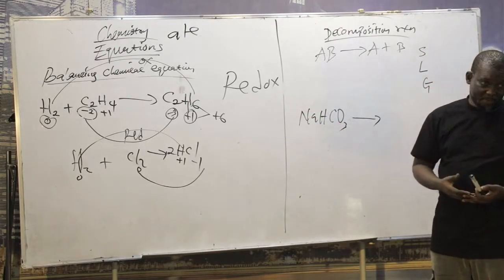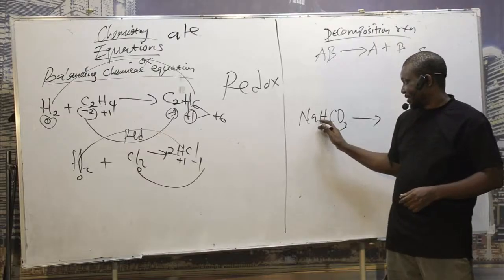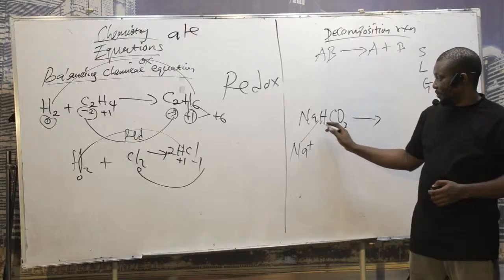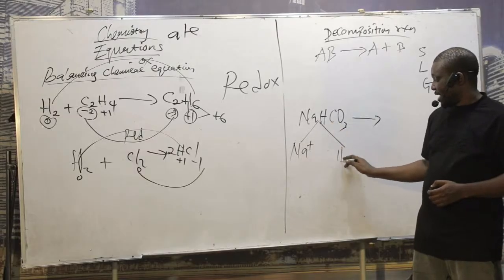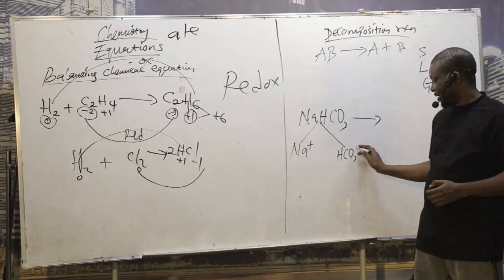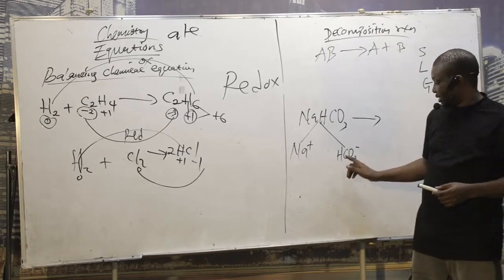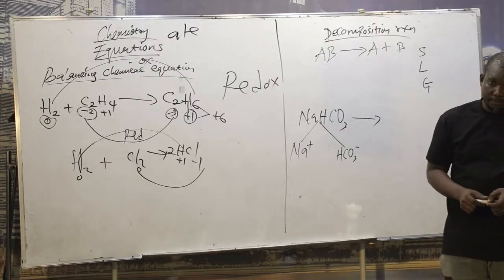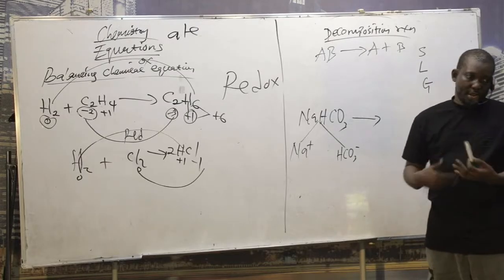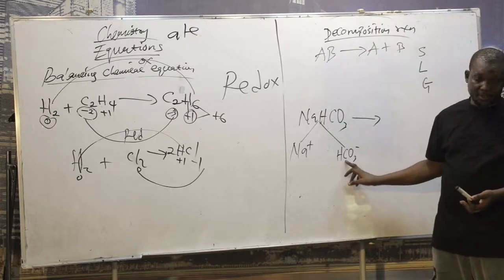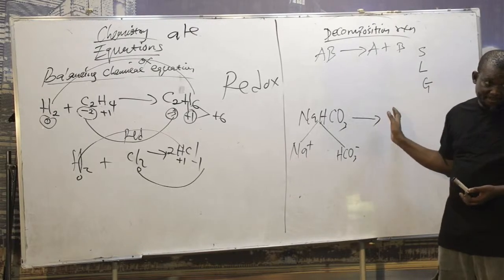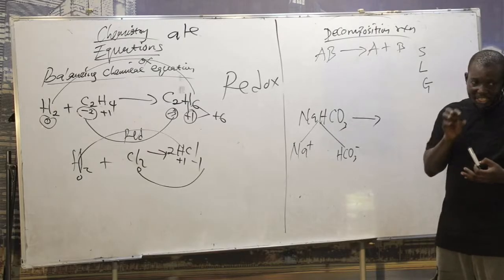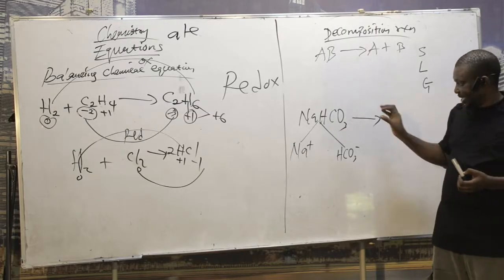You have sodium, which splits as Na plus, and you split this one as HCO3 minus. But during the reaction, this cannot combine with this, because if they combine, it will form the same thing again.